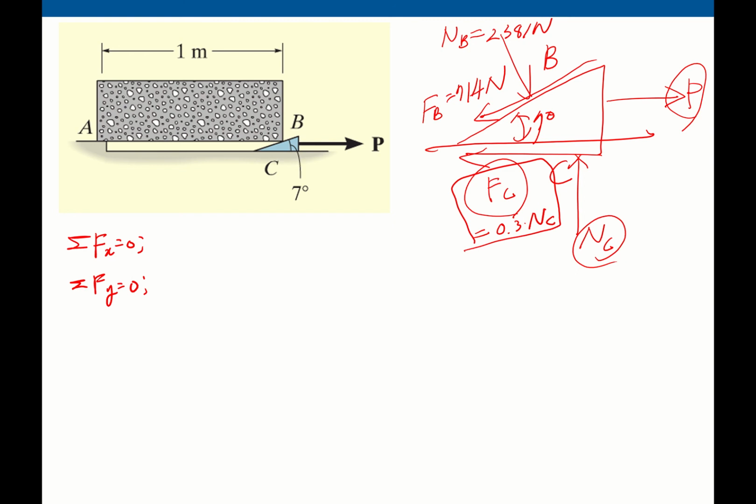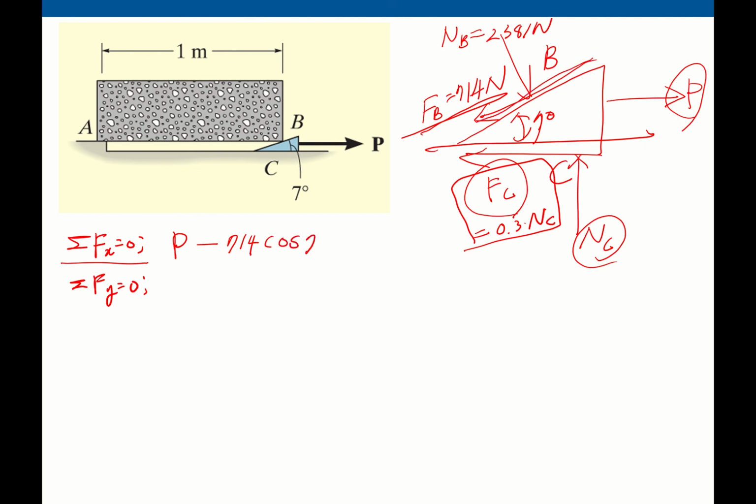Now let's write down the equation for the x-axis component. We have the pulling force here, which is positive, and there are forces, let's start with the frictional force at contact point B, minus 714 cosine 7 degrees.